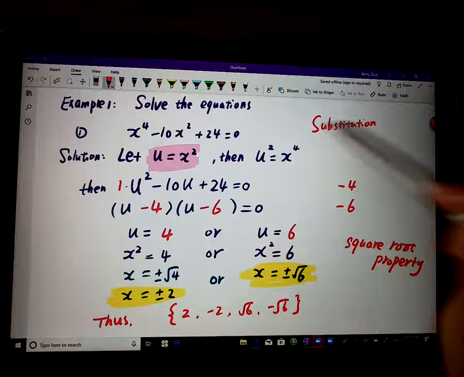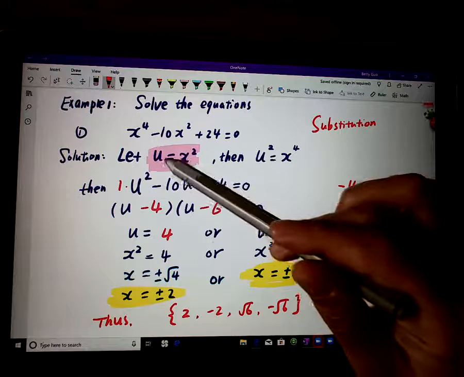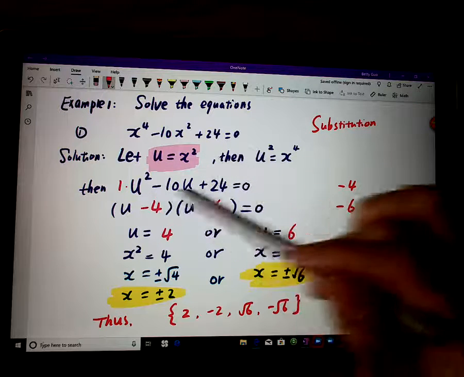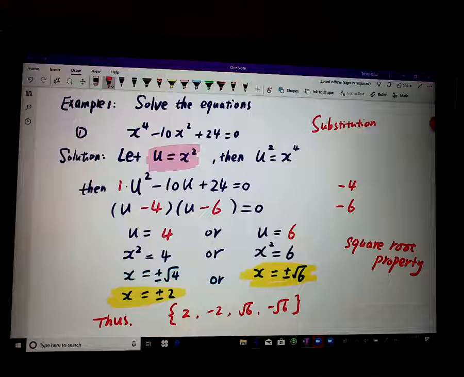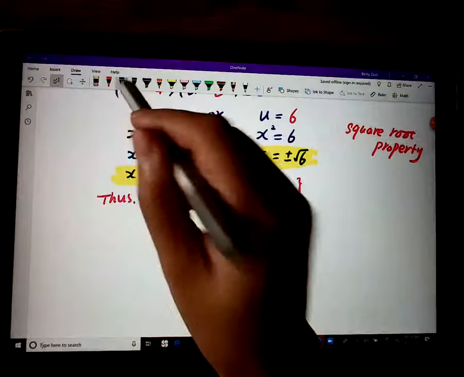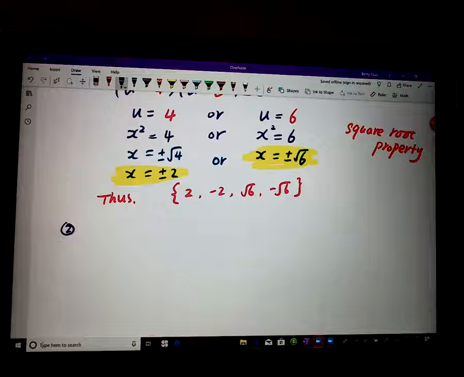Then you can go ahead and apply a substitution, bring in a new variable u, and rewrite the original equation as a quadratic equation in u. That's how we handle it, okay? Be flexible. But this is very basic. This problem is very typical.